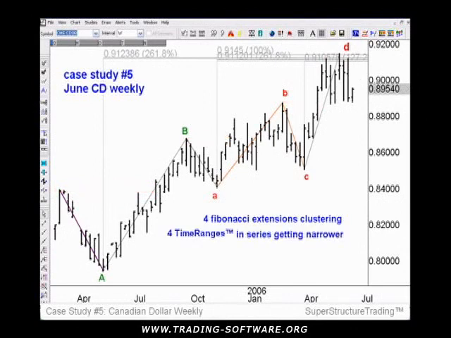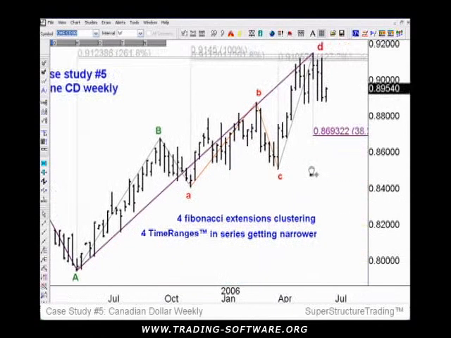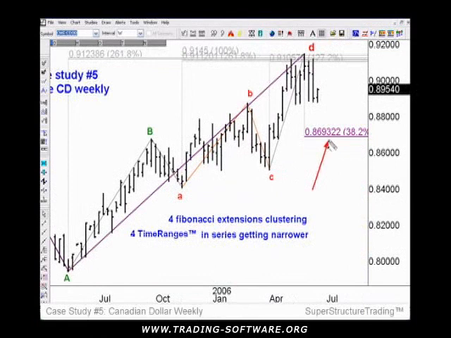So you also see 4 time ranges in a series getting narrower on its way up, and the drop from point D can be expected to be about 38%, which is around this level here. Why do I say that? Because this dominant measure move is not a very deep retracement. Remember, it's 38% only.